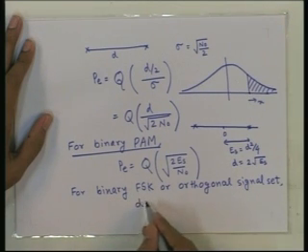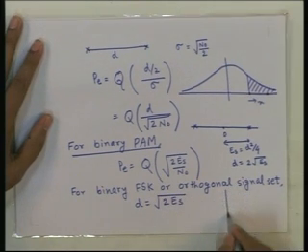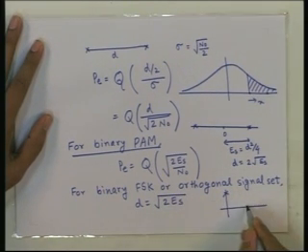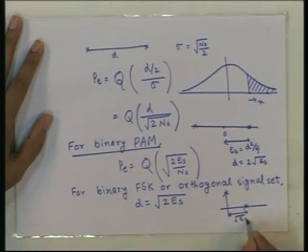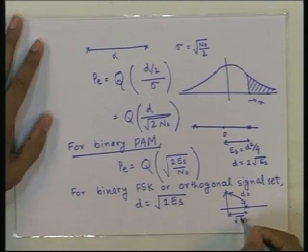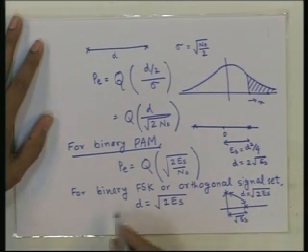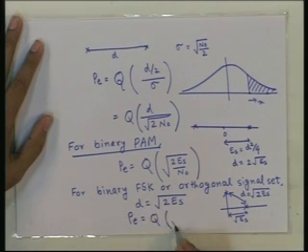We know that d is root over 2 E s, because the signal set is like this. There are 2 points here and the energy of each of these points is E s. So, this distance is root over E s. So, this distance d is root 2 times root over E s, that is root over 2 E s. So, P e in this case will be Q of root over E s by N naught.